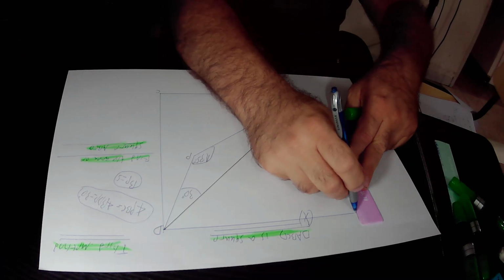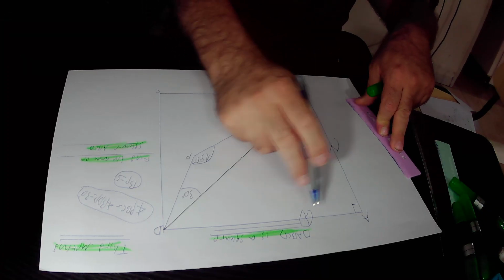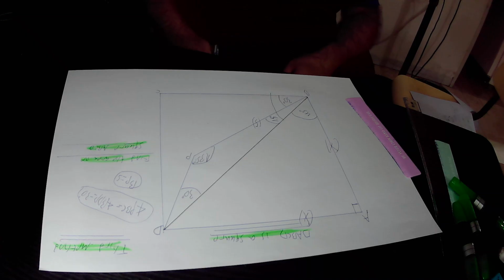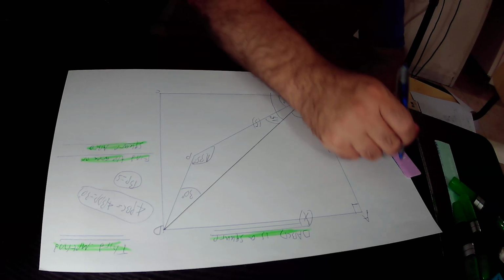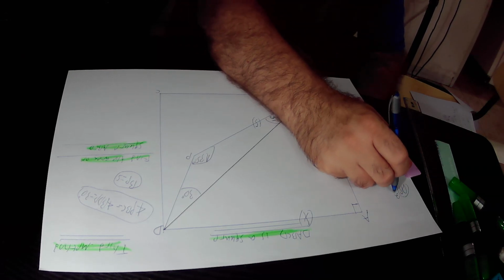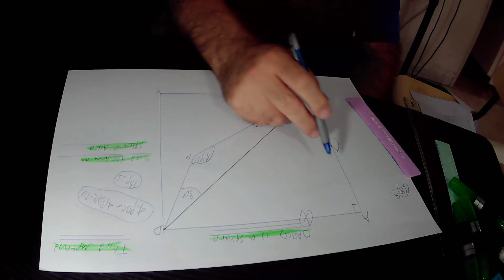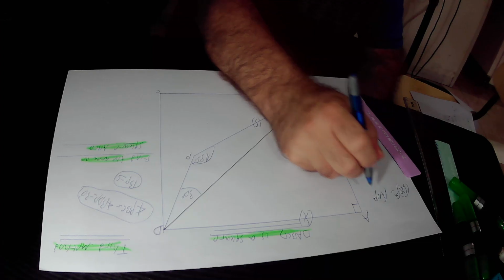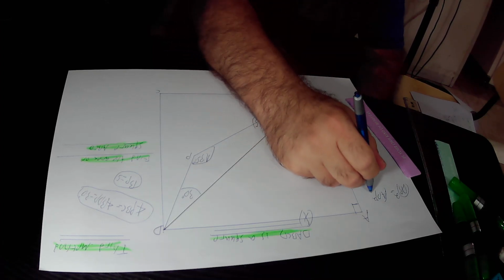In the next step, we will implement the Pythagoras theorem on this right triangle ADB. According to the Pythagoras theorem, the square of the hypotenuse equals the sum of the squares of the perpendiculars. So in the right triangle ADB, DB squared, that is the square of the hypotenuse, is equal to AD squared plus AB squared.